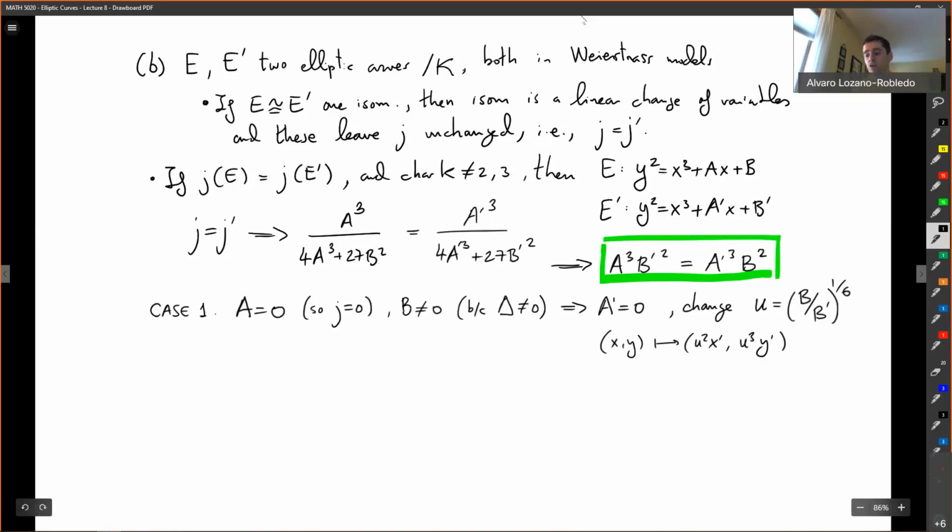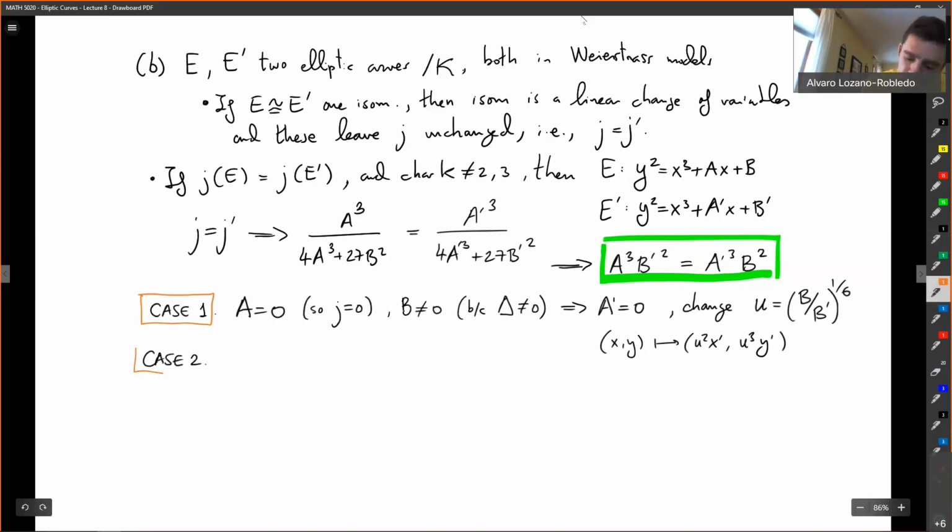Because a is 0 and a prime is 0, it will change one into the other form, and it gives you the isomorphism we're looking for between the two elliptic curves. So that is the case where j is 0, then j prime is 0, and I can change variables from one to the other. Case 1, done. How about case 2?